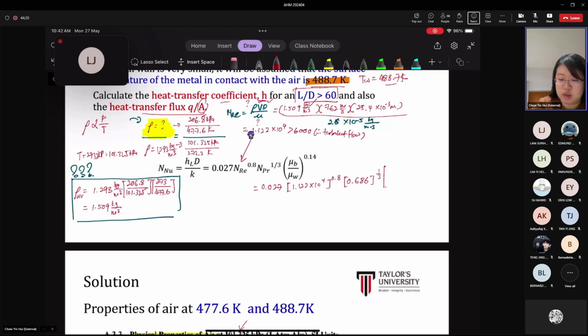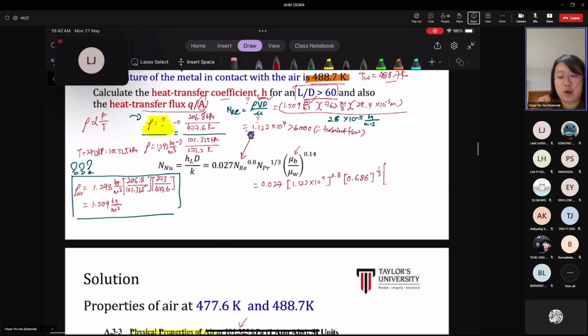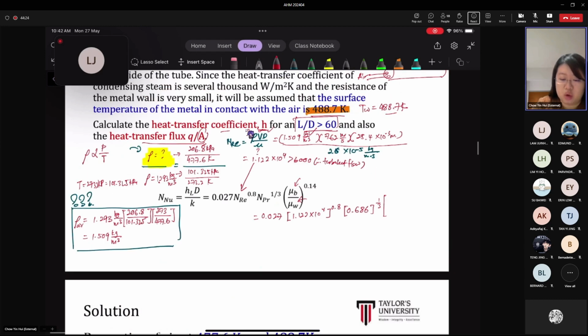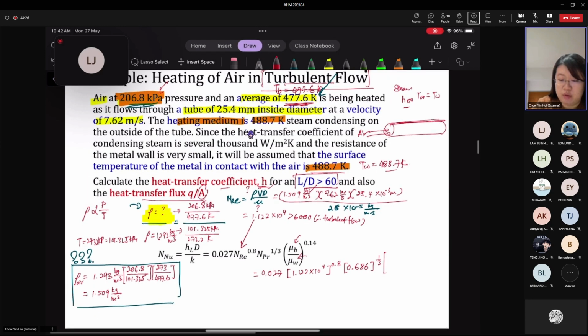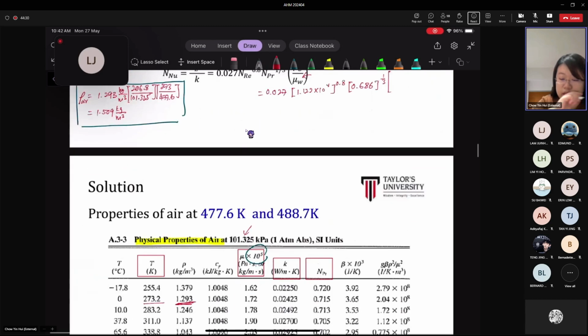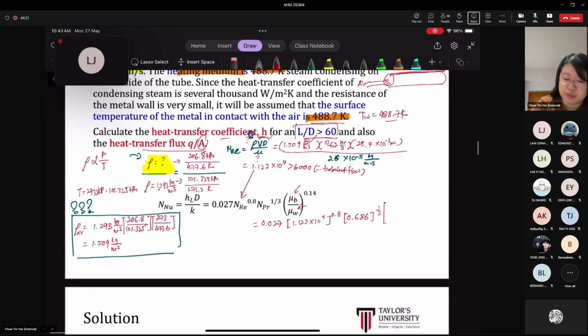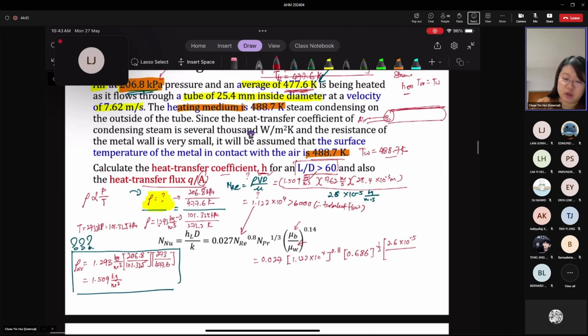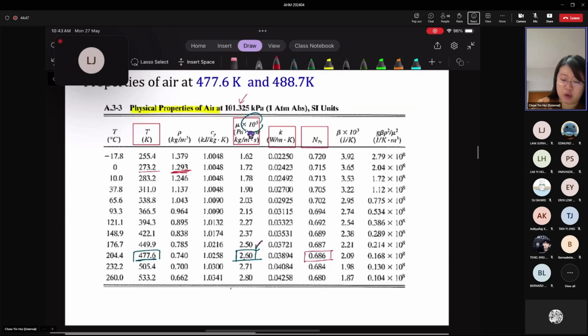Then we need to substitute the viscosity at the bulk fluid temperature and the viscosity at the wall temperature. At bulk fluid temperature, 477.6, the viscosity is 2.6 × 10^-5 that we found just now, divided by the viscosity at the wall temperature, 488.7.